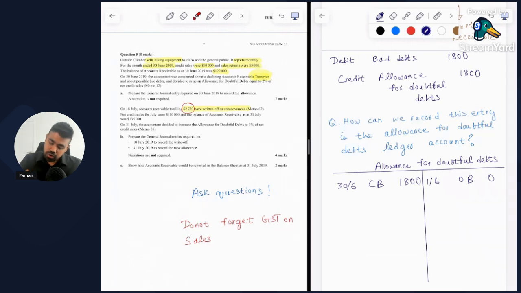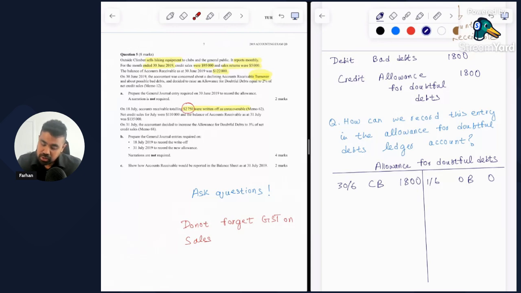Now, if I was to close this allowance for doubtful debts account appropriately, how can I do it? You see that at this moment, for the month ending 30 June 2019, there is a deficit of $1,800 on the credit side, right? So how do we balance that deficit?